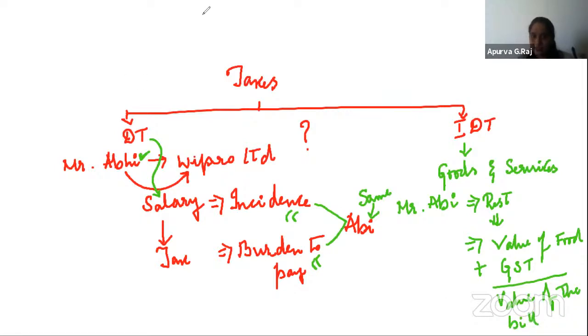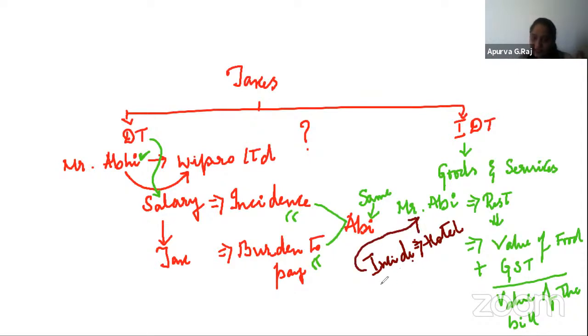The incidence to pay a tax is on the hotelier. And he collects the tax from whom? He collects the tax from Mr. Abhi.